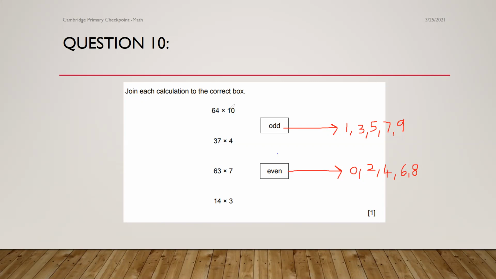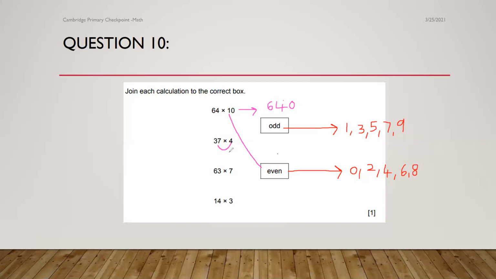So 64 times 10 means it's 640. So 640 means my last digit is 0. So therefore, this is an even value. Okay, here I'm just multiplying the last 2.